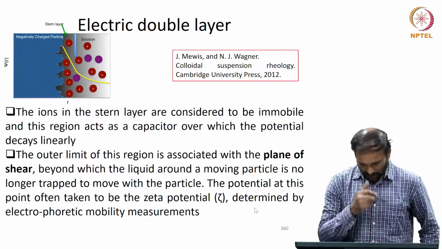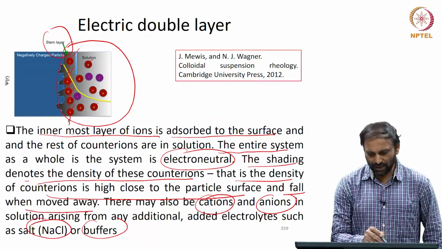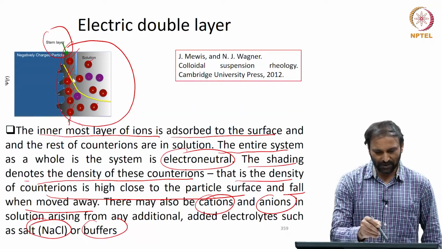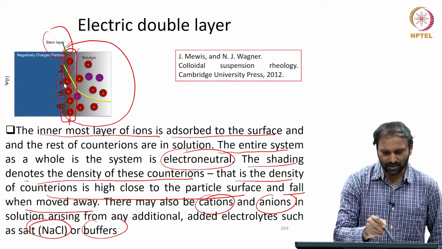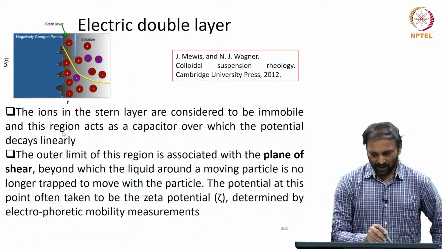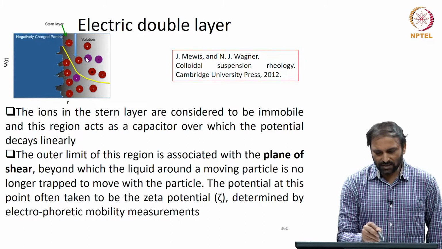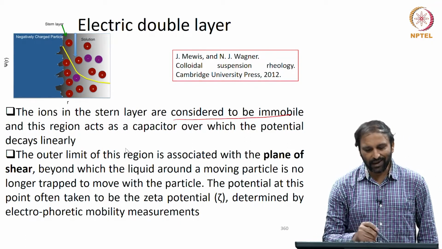And so, this innermost layer of ions that is adsorbed close to the surface, the region that corresponds to this innermost layer of ions is what is called a Stern layer. So, the ions in the Stern layer can be considered to be immobile.